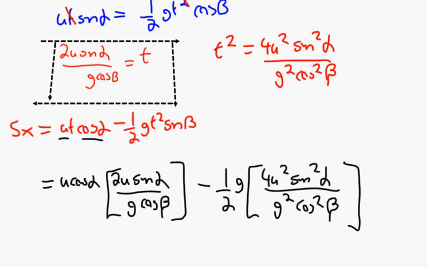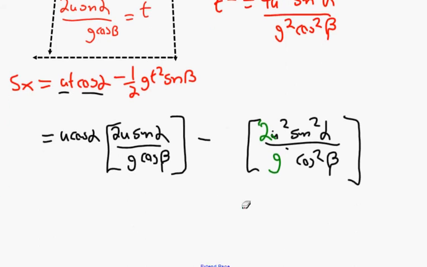Now, gotta do a bit of cancelling here. Turn that into a 2. Actually, I'll rub it out at the same time. Probably save myself from a complete mess. 2. Cancel the g with the bottom with the g. Sorry, that's a g squared, so there's still a g there. Now it's a minus 1. Doesn't really matter anymore. Now, what do we have here?